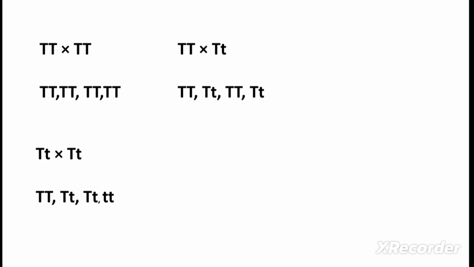I took the first T again and combined it with the small t. Then we take the second capital letter T, combine it with the first T, giving TT. We take the second capital letter T and combine it with the small letter t. The kid will just pick from there what they want to be when they are born.